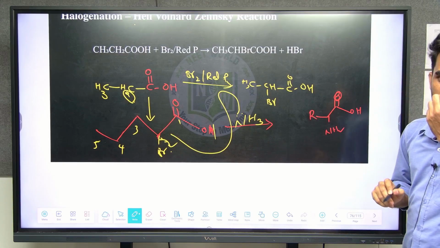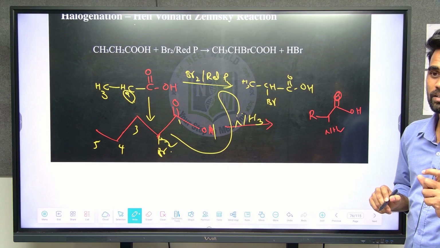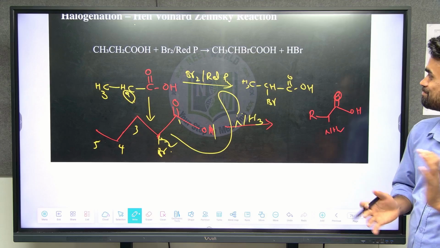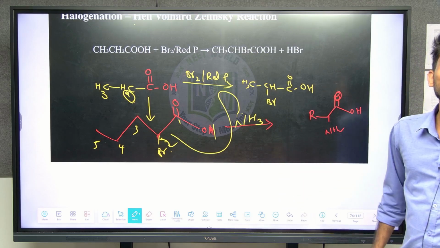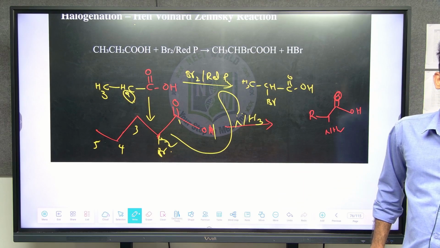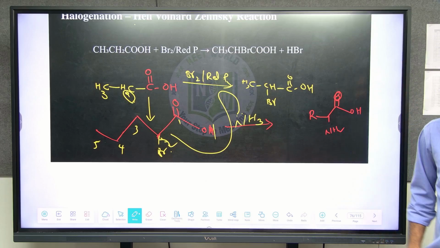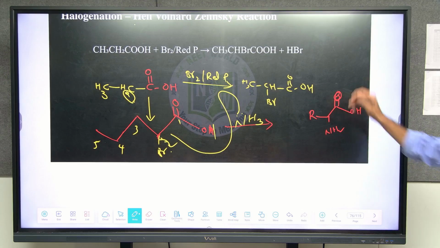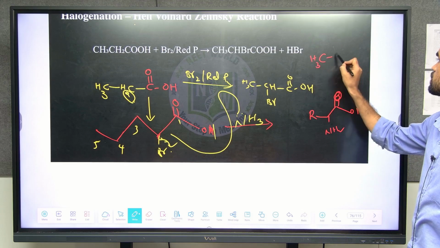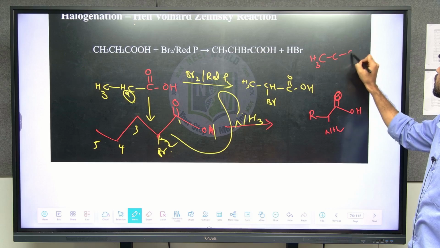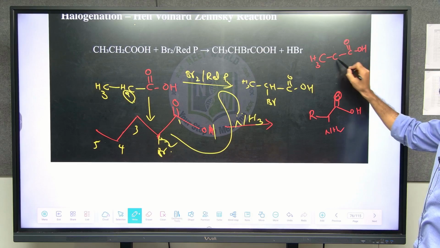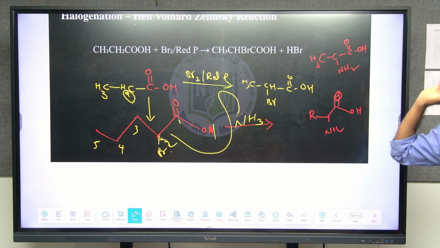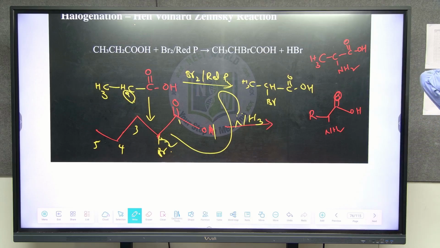For example, alanine. What is the formula of alanine? This is an alpha amino acid. Anyways, we'll do that in our class.